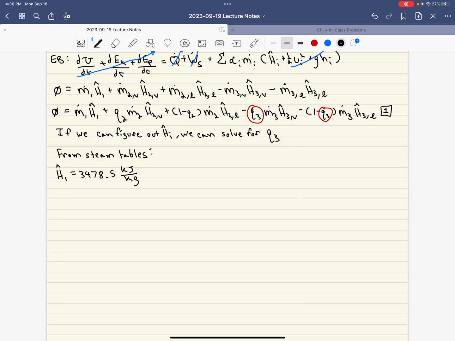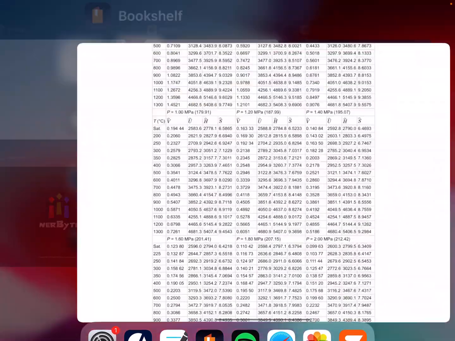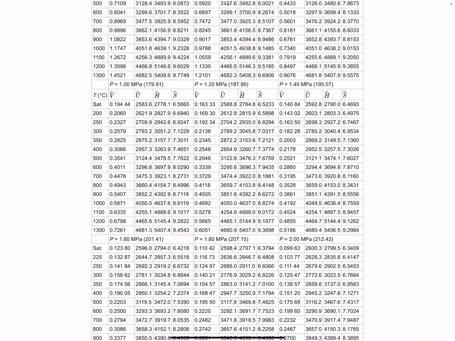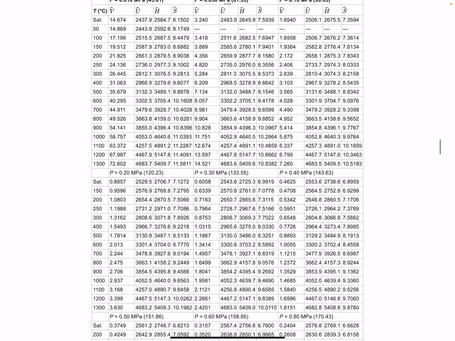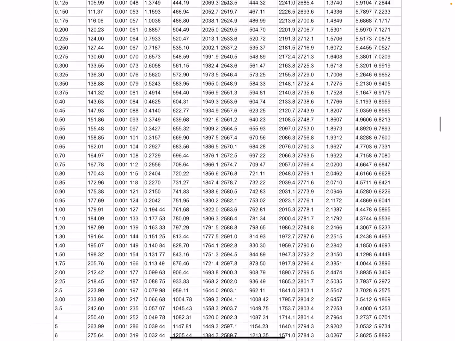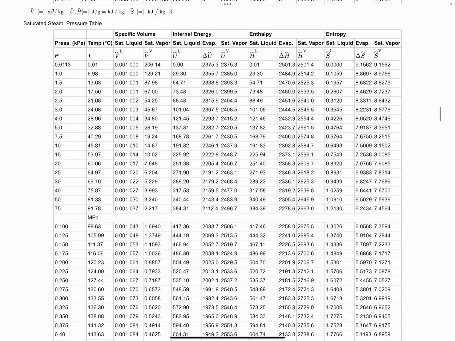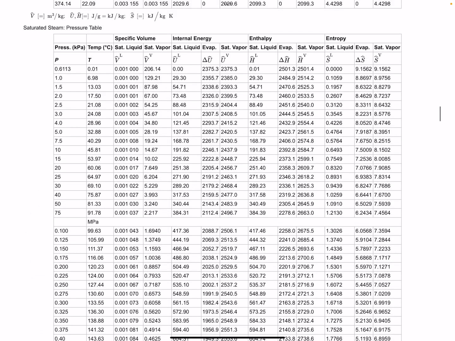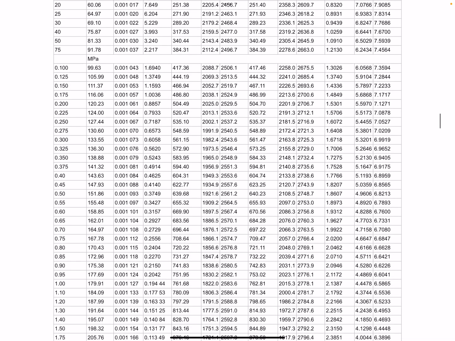All right, for stream 2, we're only told the pressure, which is 0.1 megapascals. But we're also told that it's saturated, right? And we know that if we're told it's saturated, then we should go to the saturated steam tables. And since we're given a pressure, we're going to look at the saturated steam tables as a function of pressure. So what we want to find is the 0.1 megapascals, right?